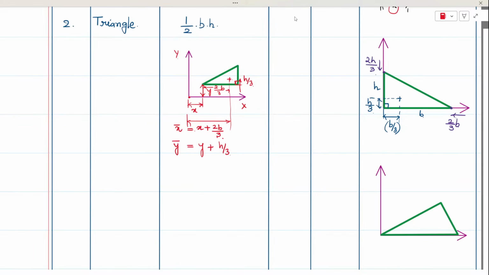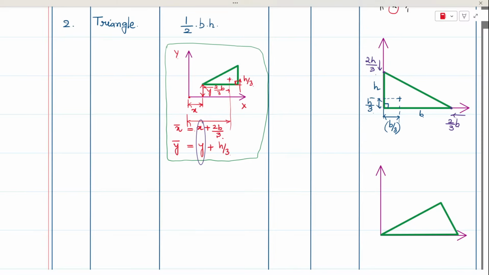So this is very crucial. You have to consider the distances from the origin in case any of the triangle or rectangle vertex is not coincident with the origin. Many of the time the students miss out adding these coordinates, and you find the same thing happening even in subjects like fluid mechanics.